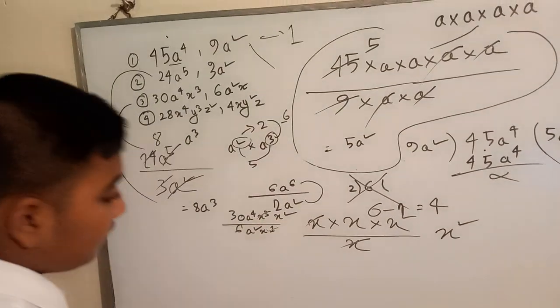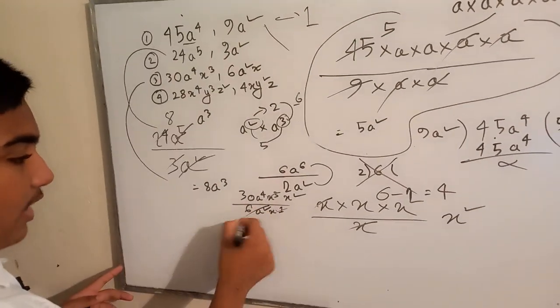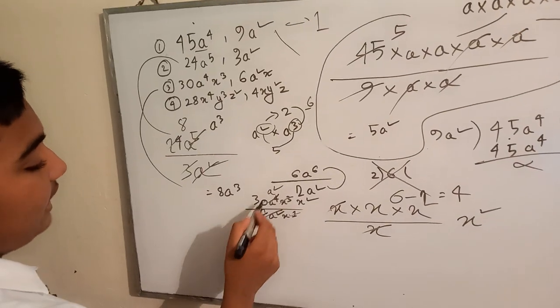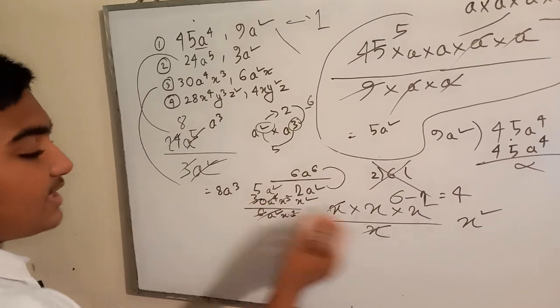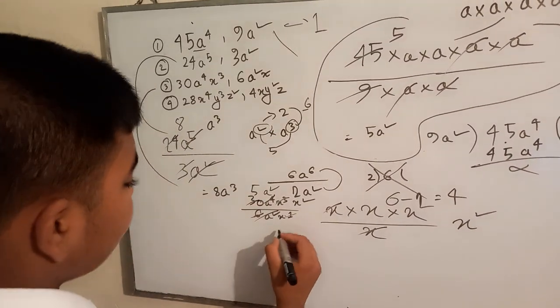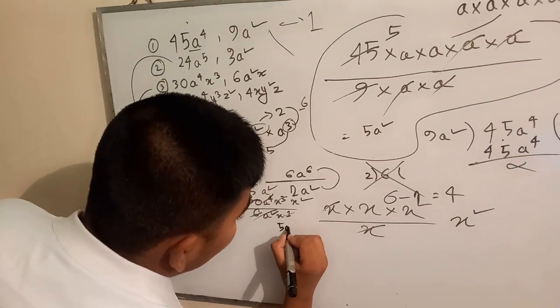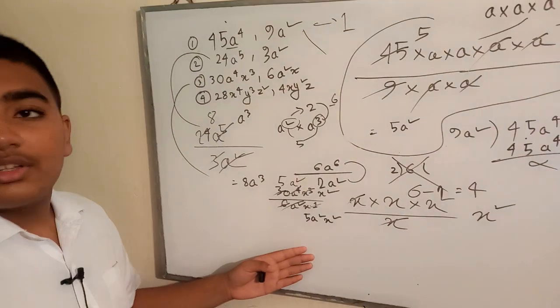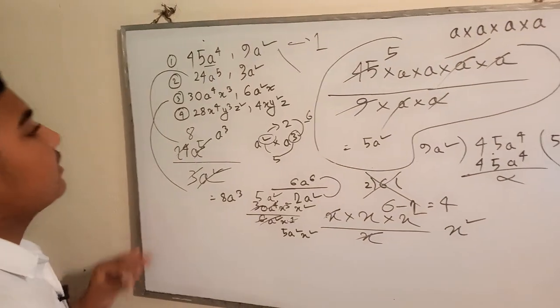So x square, then here a square, a4, so a square, and here legally 5. So that's the correct answer, 5a square x square. So these are some easiest ways.